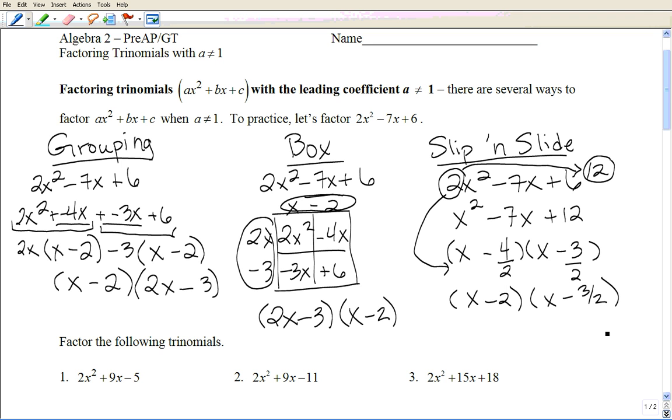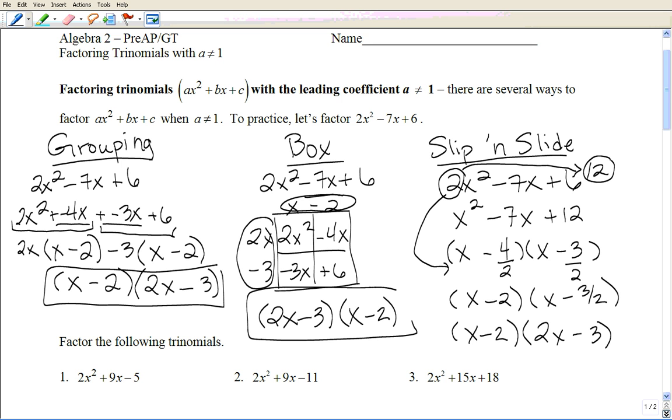Well, if we don't want to leave fractions in there, then we can take this second factor here, and to get rid of the 2, we can multiply both things by 2. So we'll get x minus 2 times x times 2 is 2x, and then negative 3 halves times 2 is negative 3. And you can see it doesn't matter which method you choose, they all give you the same factors.